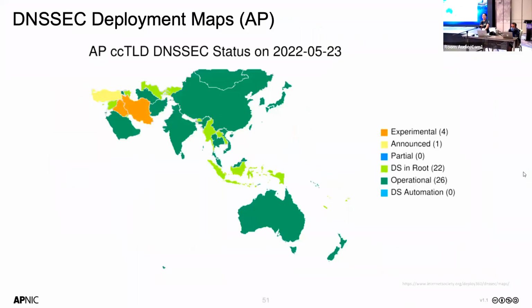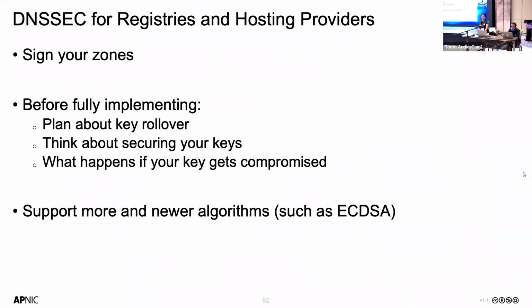So I think no excuses for us to then start looking at signing our zones. I think the majority of websites that you access locally are under .th. I know in some places they tend to use more generic TLDs than the ccTLDs, but I believe for Thailand it's mostly .th, right?